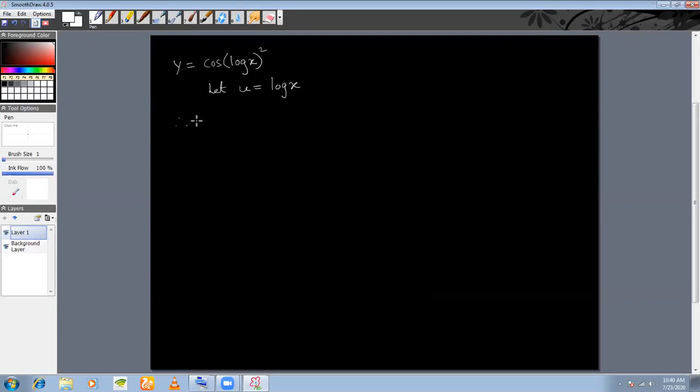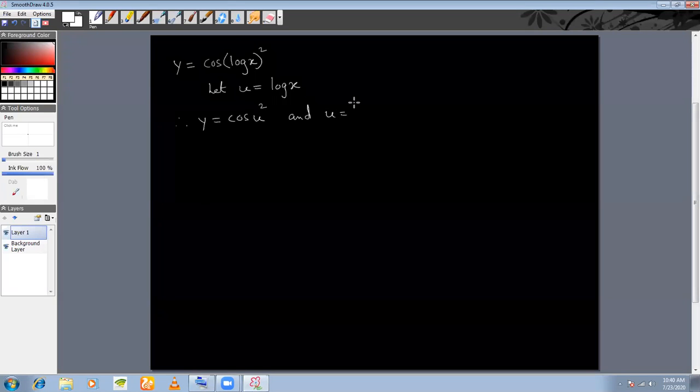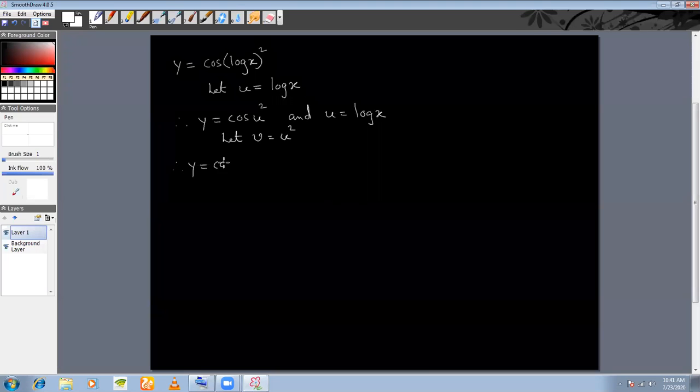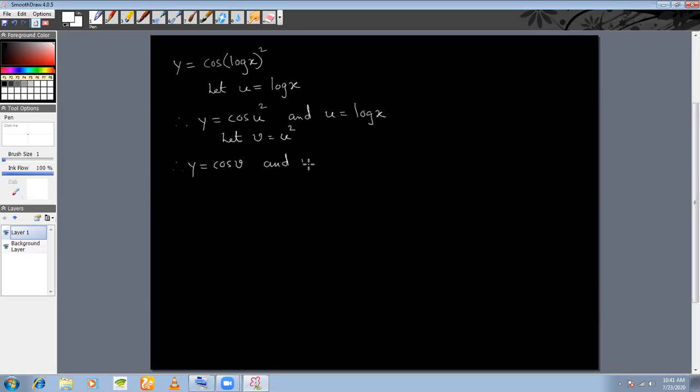So therefore, y is equal to cos u square and u is equal to log x. Now we say let v is equal to u square. So therefore, y becomes cos v and v is equal to u square and u is equal to log x.